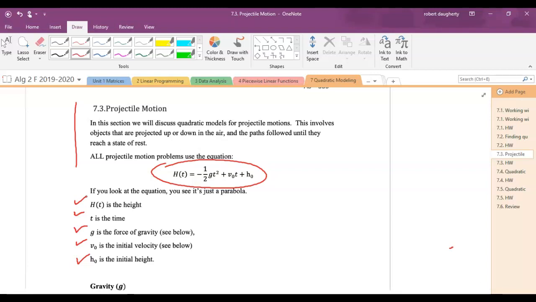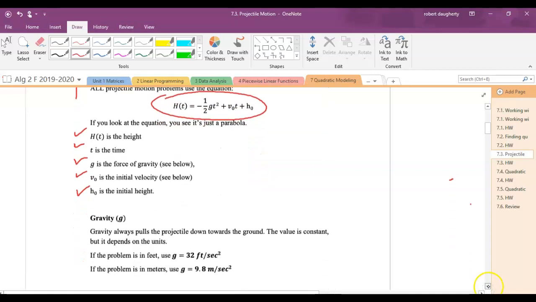Did I force it up or down? No. So what was the velocity? It was 0. If I force something up, that's an initial positive velocity. If I force it down, that's a negative velocity. If it just rolls off, like a car rolls off a cliff, that's 0 initial velocity. So I'm not adding anything to it.